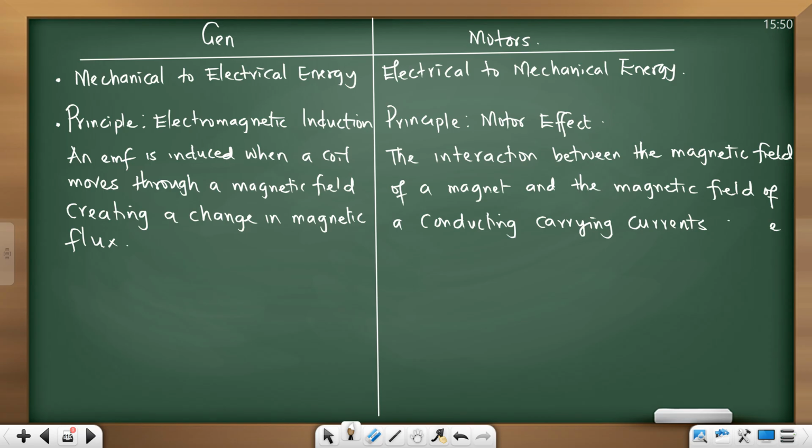And that's what we're saying: electrical energy converted to mechanical energy.